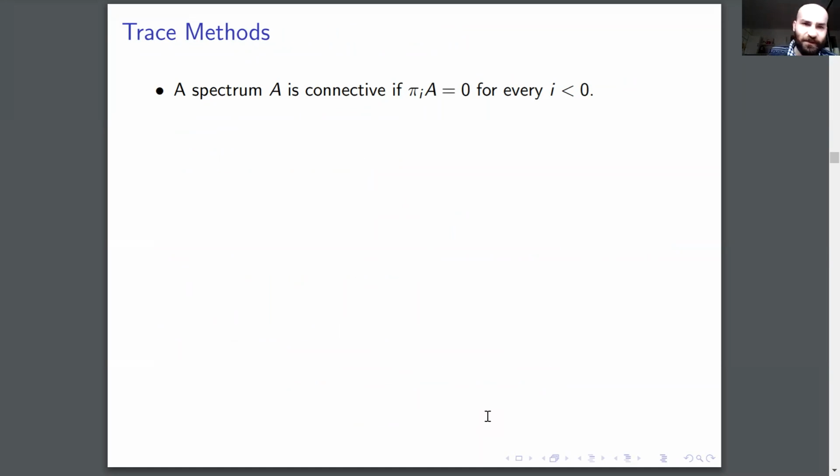Okay, so I'm ready to talk about these trace methods. As I was saying, algebraic K-theory just turned out to be really difficult to compute, even very basic things. People weren't even able to develop basic computational tools like spectral sequences by just looking at the Waldhausen construction or the plus construction of Quillen.